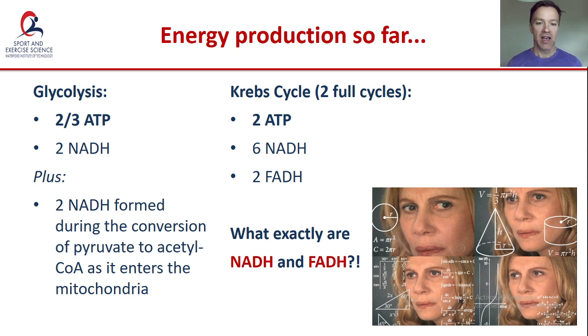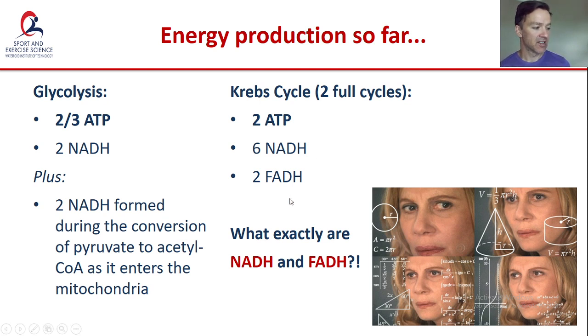So energy production so far, we've said that the ATP-PCr system produces a limited amount of ATP. We're not going to focus on that. Glycolysis, we've said, produces either 2 or 3 molecules of ATP, depending on whether we use glucose or glycogen as the starting molecule. It also produces 2 molecules of NADH.